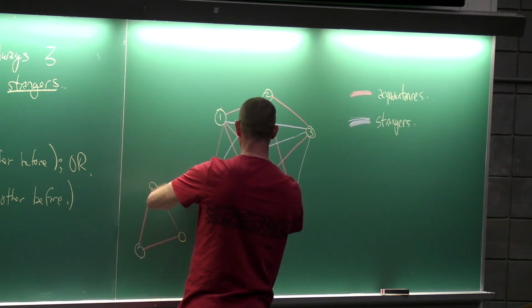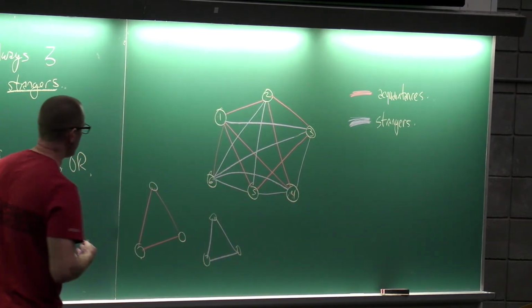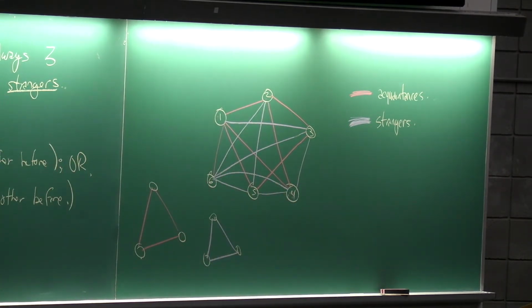Purple, purple, purple. So actually, for this particular group, both of these things are true. But that's not what the theorem says is always the case. In this particular group, both are true, but sometimes you can only find one of these things.